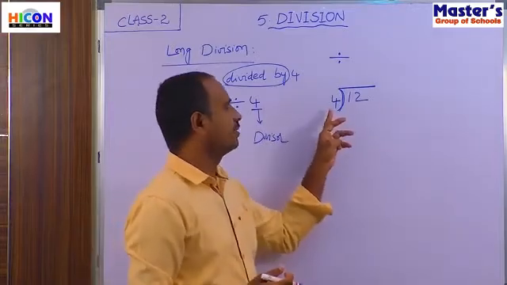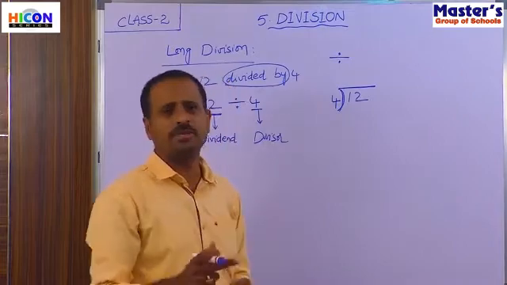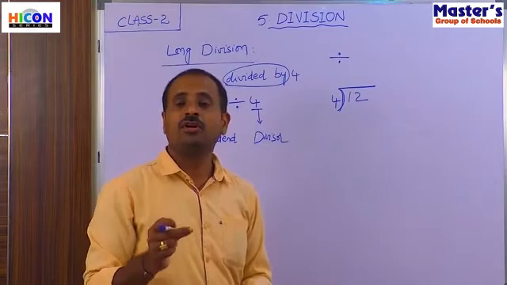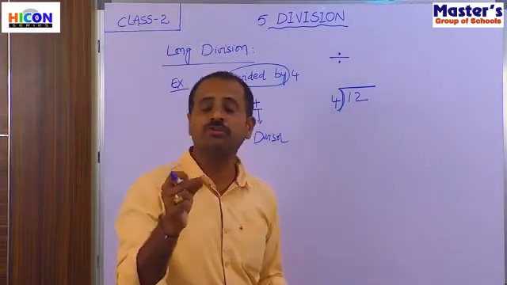Now we have to divide the number 12 by 4. What is the first step? The first step is to find how many times, or when, the number 12 comes in the fourth table. Children, let us recall the fourth table. Let us write it here: 4 ones are 4, 4 twos are 8. That means you first have to find when the number 12 comes in the fourth table.